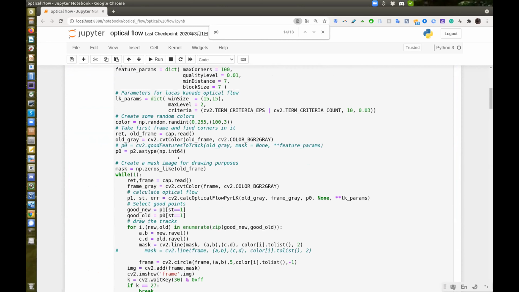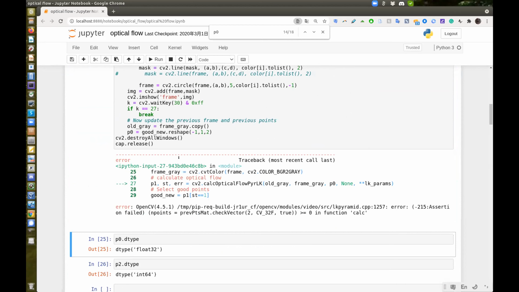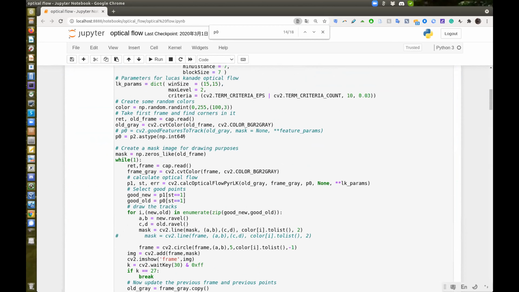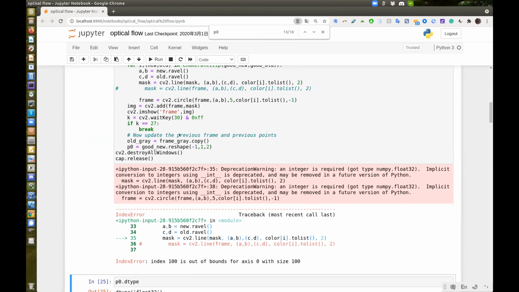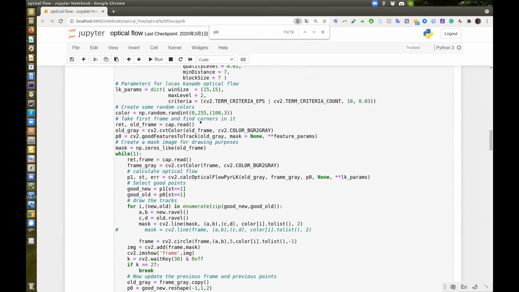I should have 432. Okay, I don't think I have enough time to fix this kind of bug. So unfortunately, I'll give up this one here.